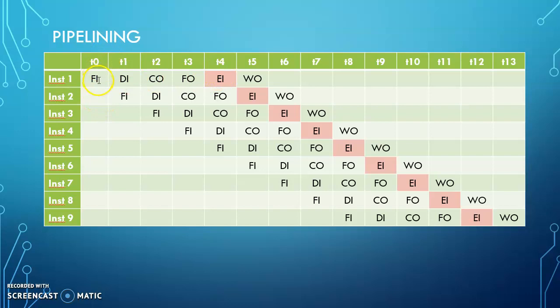So at time 0, instruction 1 is being fetched. At time 1, instruction 1 is being decoded as instruction 2 is fetched. At time 2, for instruction 1 we're calculating the operands as instruction 2 is being decoded and instruction 3 is being fetched. Now, what I highlighted in red is when the execution is taking place.